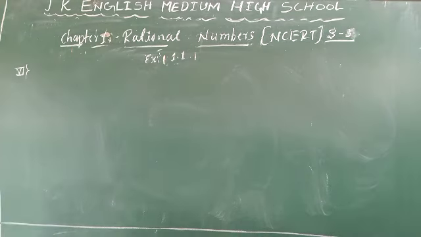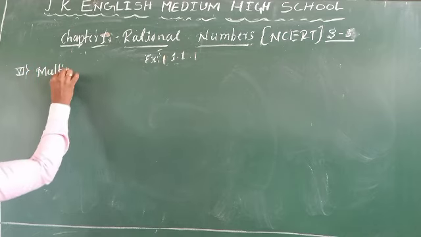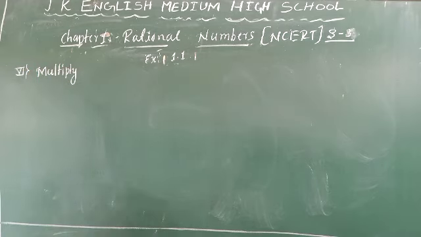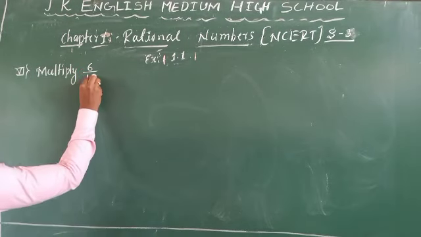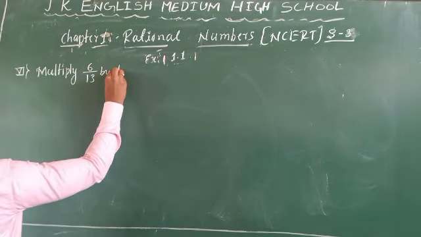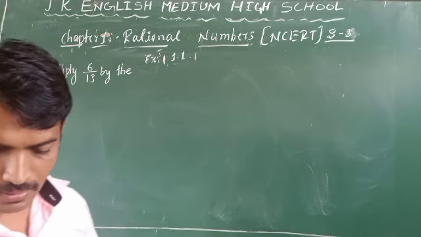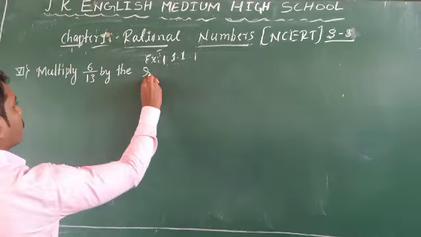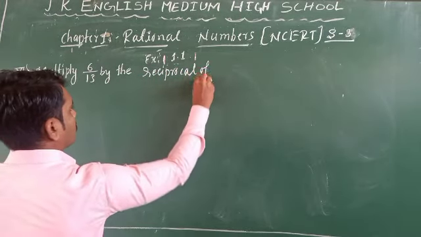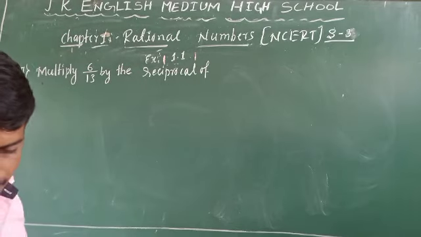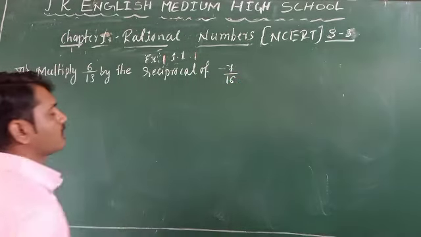The question has only given: multiply 6 by 13 by the reciprocal of minus 7 by 16.